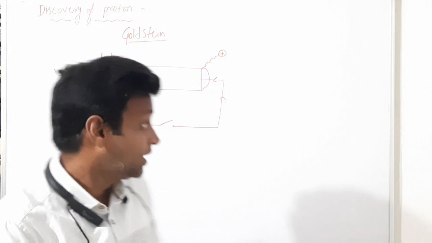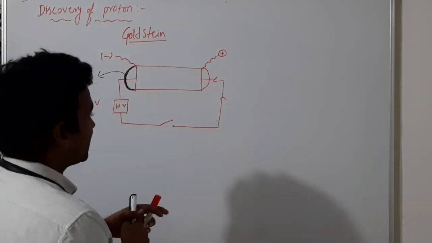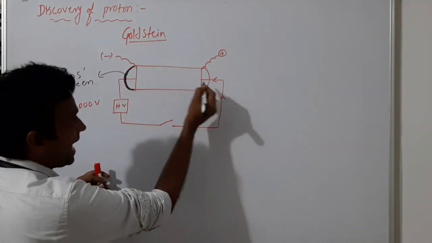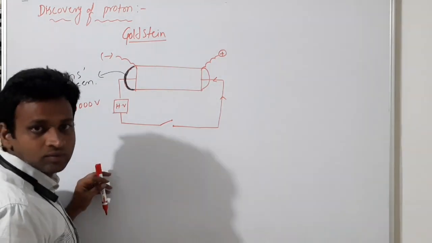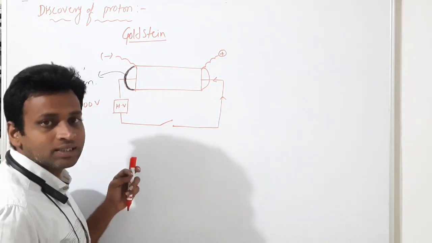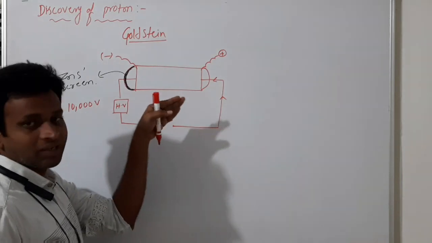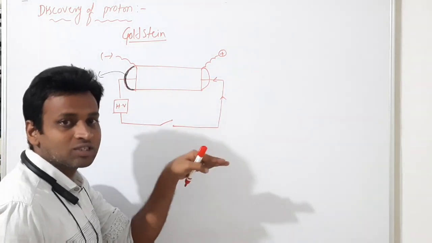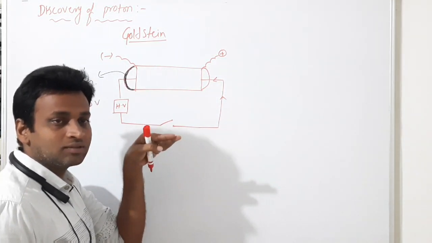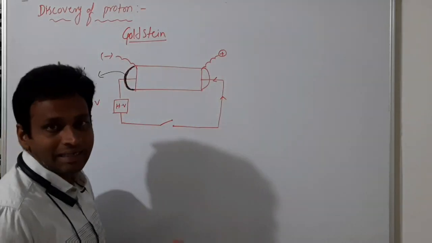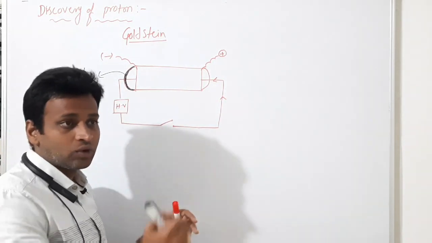Got it clearly? So what he observed is that some rays travel from anode to cathode. Previously I said the negative rays travel from cathode to anode; they are invisible, but once they hit the screen, they glow brightly, giving a flash, like when you take a photo.